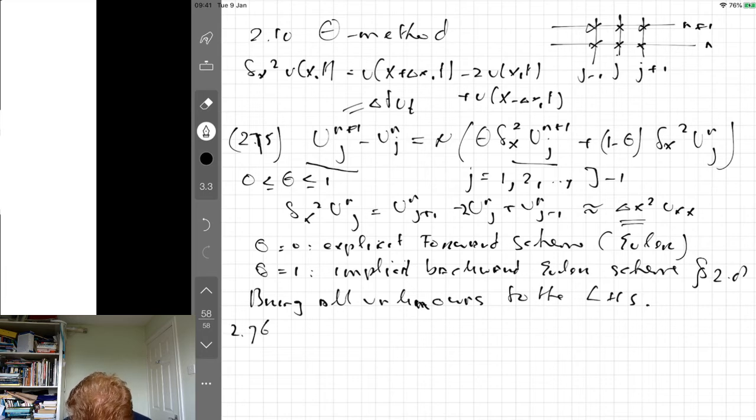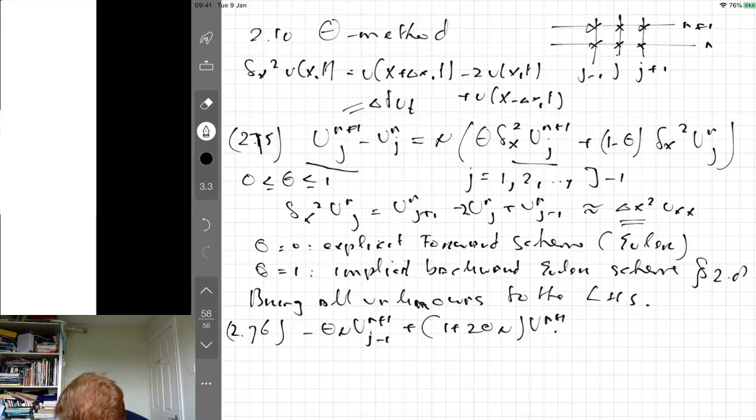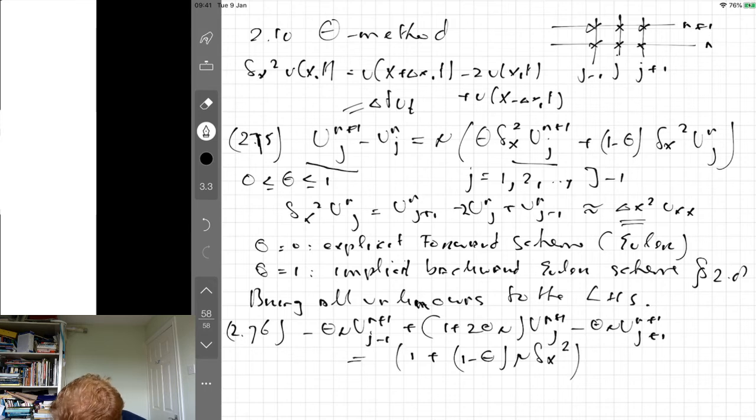That gives us 2.76 in Morton and Mayers: minus theta mu u n plus 1 j minus 1 plus 1 plus 2 theta mu u n plus 1 j minus theta mu u n plus 1 j plus 1 is 1 plus 1 minus theta mu delta x squared. So I keep the delta x squared notation there because it's nice and compact. u n j.